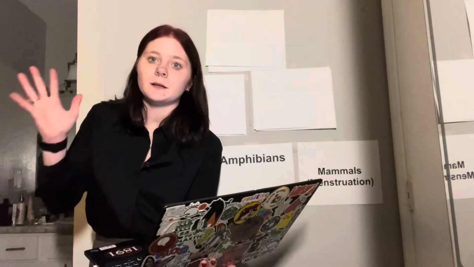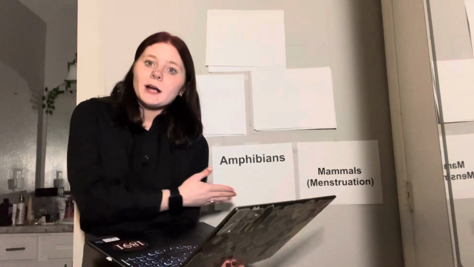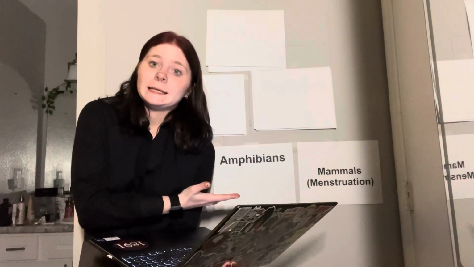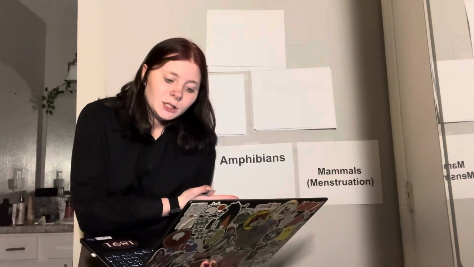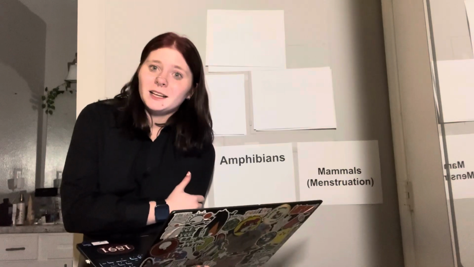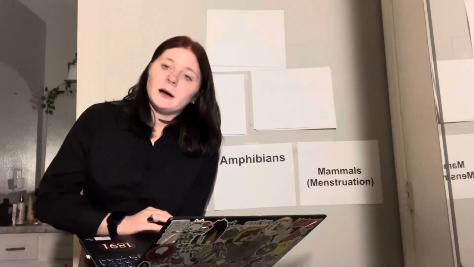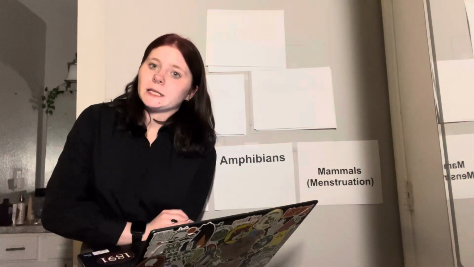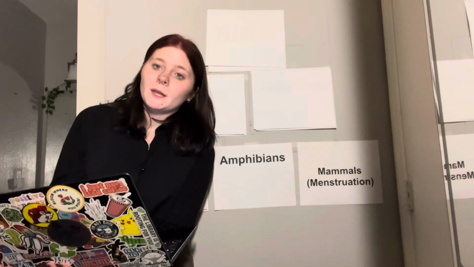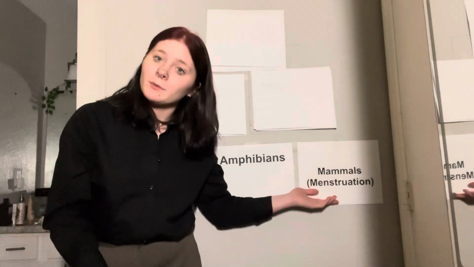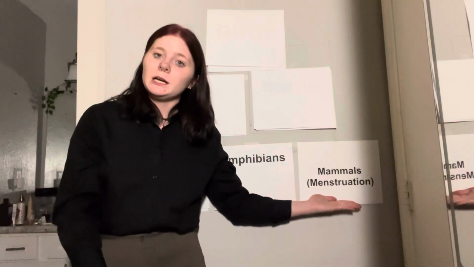Another thing, these guys are non-amniotes, so their eggs are not in amniotic fluid. They're in just kind of a jelly-like substance. These guys, again, are just kind of unpredictable, so it's not super easy for us to understand how to breed them in captivity. Very different from mammals who experience menstruation.